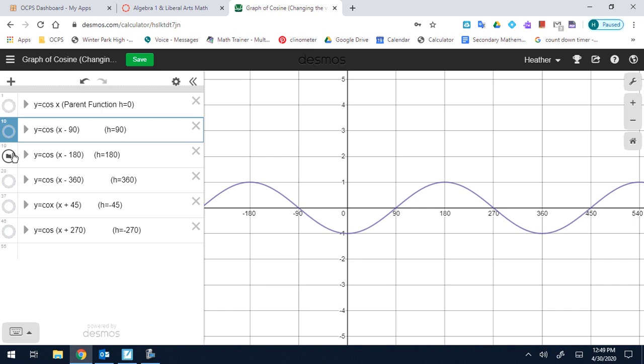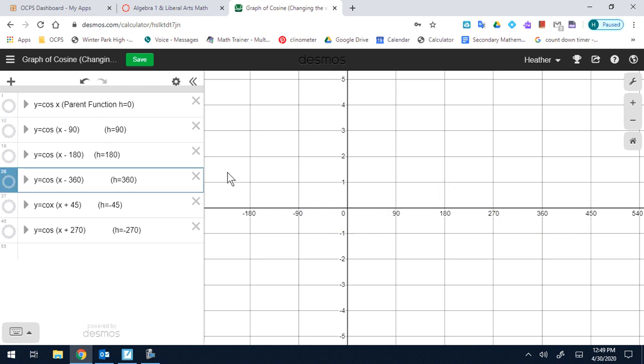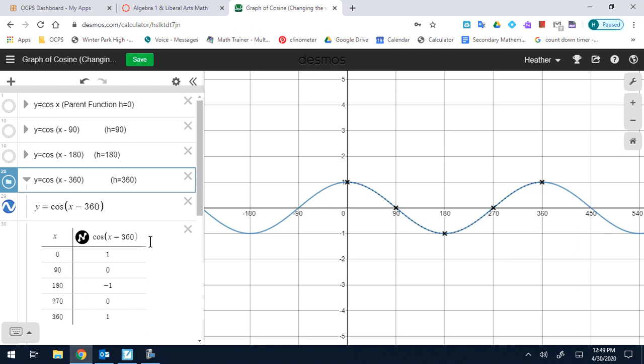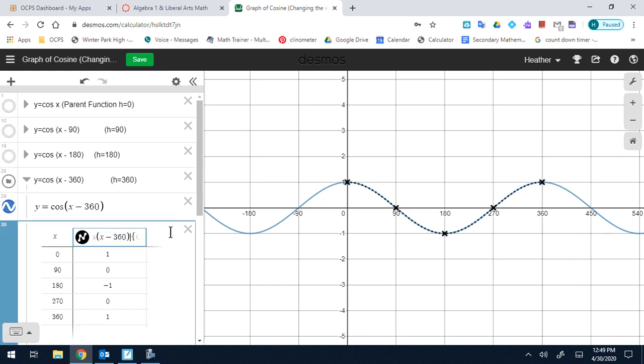All right, so let's look at what happens if we go to the right 360 degrees. Looks exactly the same, doesn't it? Did I change this? I forgot to change this. So let's say when I go to the right 360, it's going to change that to 360 to 720. So I'm going to start at 360.